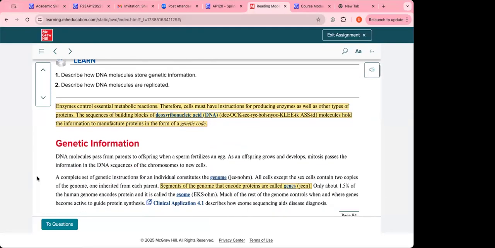DNA molecules pass from parents to offspring when a sperm fertilizes an egg. As the offspring grows and develops, mitosis passes the information in the DNA sequence of the chromosomes to new cells.